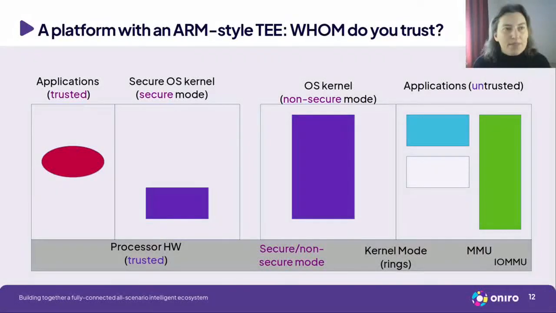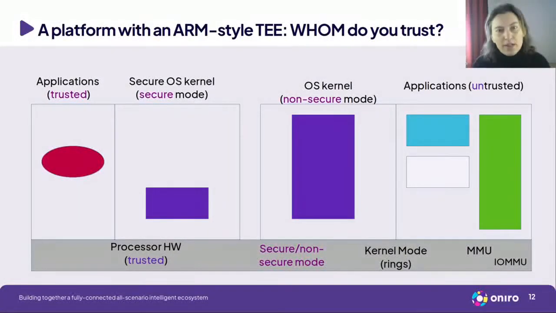Now, what happens on a platform with an ARM-style TEE? We have our design of the PC from the previous slides, but there are things showing up in addition, both from TrustZone and from the TEE side. We have the secure and non-secure modes, so the kernel and user modes are duplicated on the side called secure.